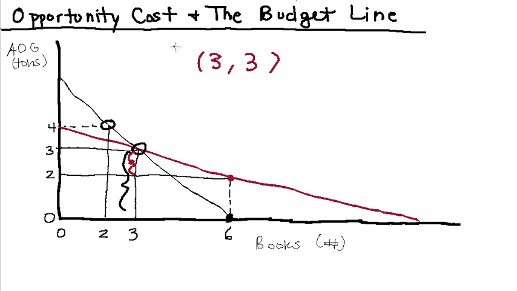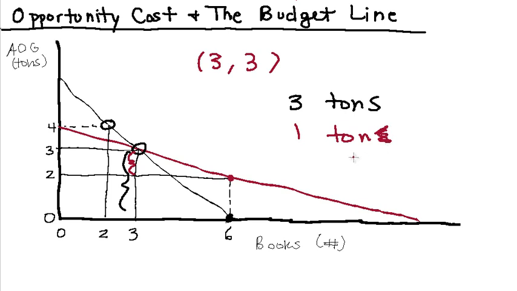So we've seen that the opportunity cost of acquiring 3 more books when faced with the black budget line is 3 tons of all other goods, and when faced with the purple budget line, the opportunity cost is 1 ton of all other goods.